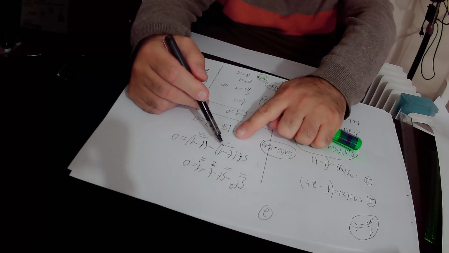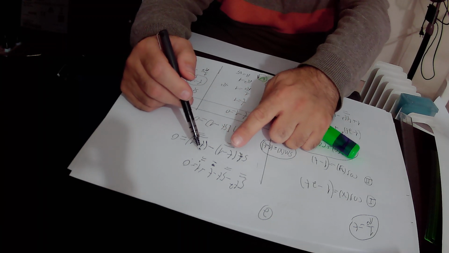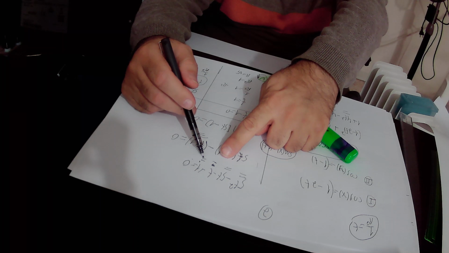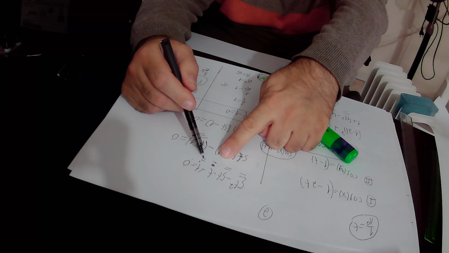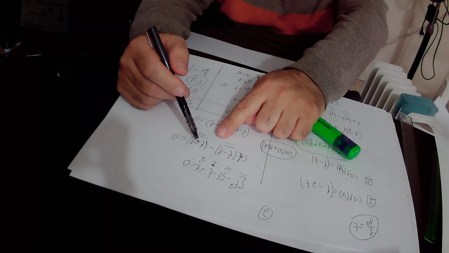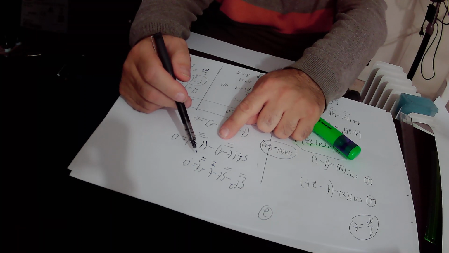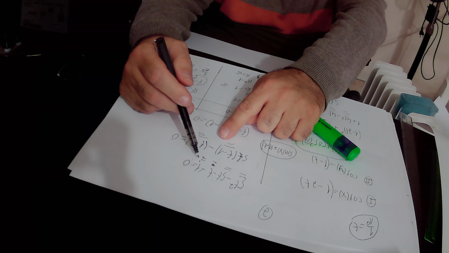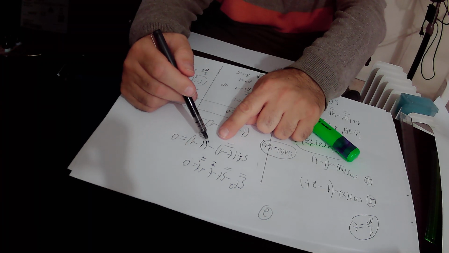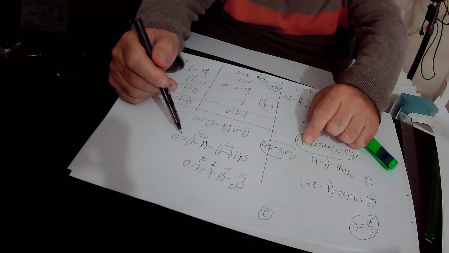What is left is actually minus 1. And here we took out minus 1 as a common factor from minus t and from plus 1. What is left from minus t after we took from it minus 1 as a common factor? What is left is actually t. And what is left from 1 after we took from it minus 1 as a common factor? What is left is actually minus 1. Why? Because minus 1 times minus 1 is 1. And it is equal to 0.